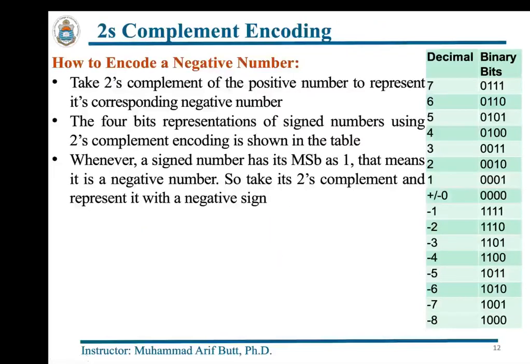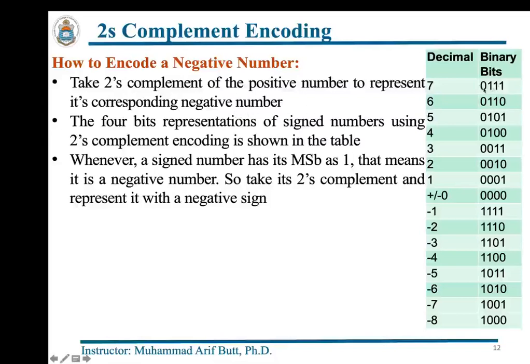So finally, we move on to the third and the final way of representing signed numbers, and that is 2's complement. And it is again very simple. It says take 2's complement of the positive number to represent its corresponding negative number.